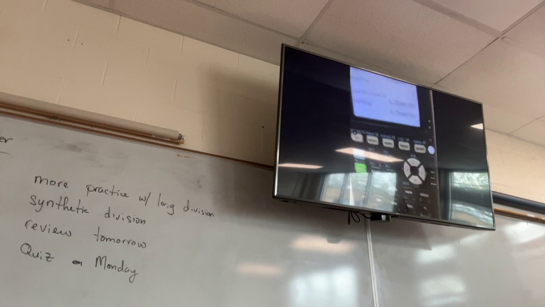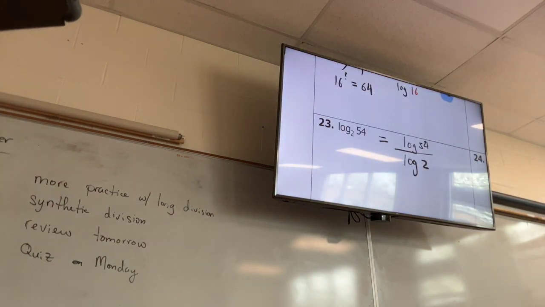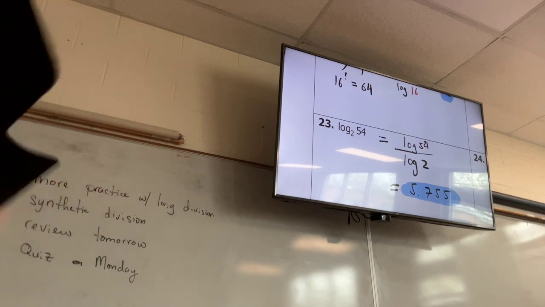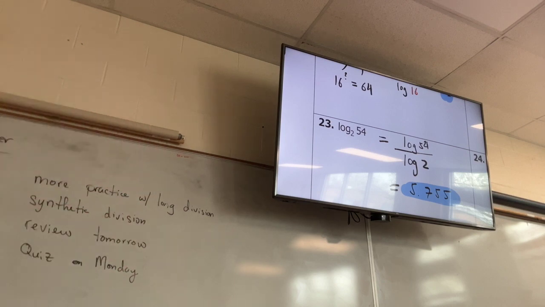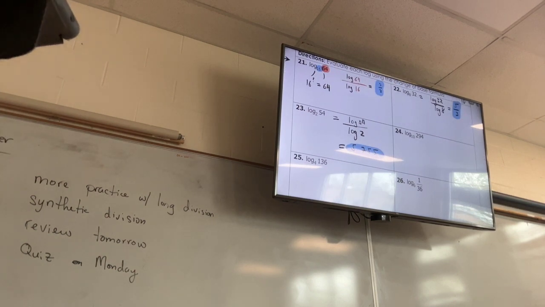Just do a decimal, round it to the nearest thousandth. 5.755. I want 3 decimal places. That's what AP wants, AP Algebra 2, college ones. That's what College Board wants, 3 decimal places, if you take calculus. But they only let you put in 4 on one.